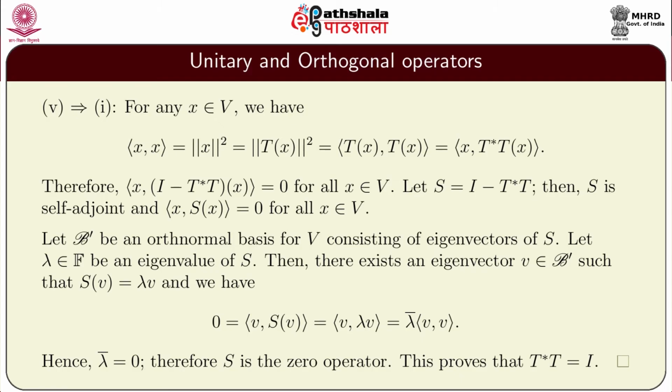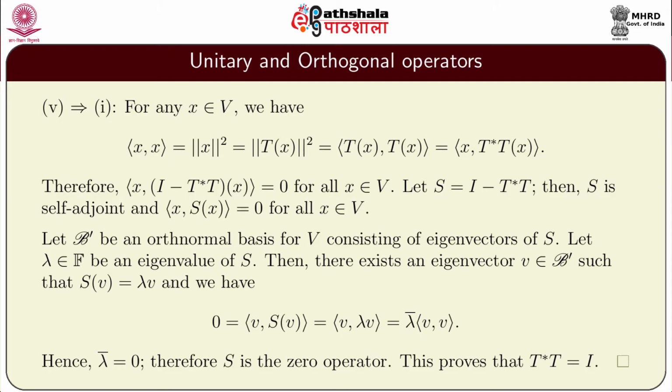Let lambda be a scalar which is an eigenvalue of S. Then there exists an eigenvector v in B dash such that Sv is equal to lambda v, and we have that inner product v, Sv, which is 0, is equal to inner product v comma lambda v, that is because Sv is equal to lambda v, and that is equal to lambda bar inner product v comma v.